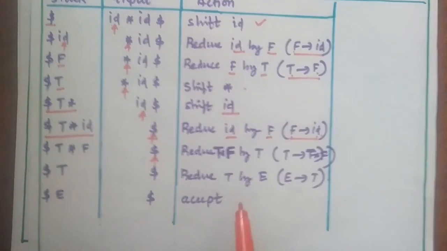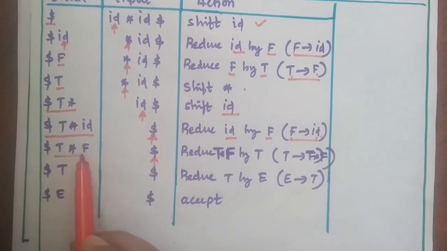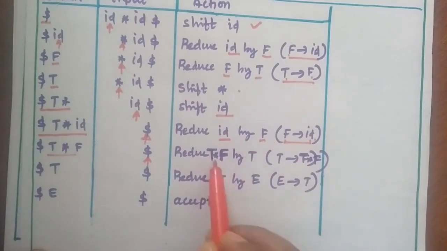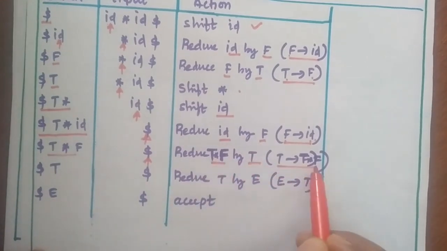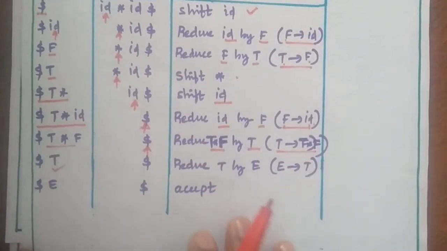Yes. Then next, the stack top contains this handle T star F, then T star F is replaced by T using this production. You can see here.